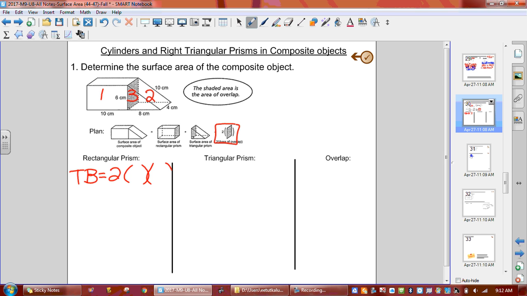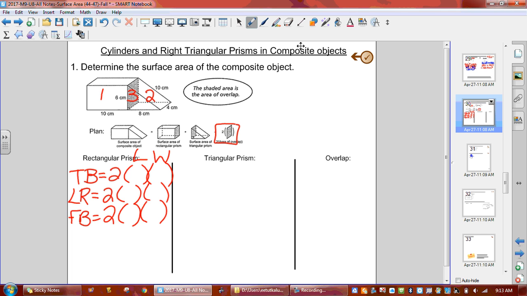Then we would have the left and right side, 2 sides times length times width. Then we would have the front and the back, 2 sides times length times width. So length and width go into each of those spots, but they're going to be different for each of the objects. So let's decompose the three rectangles.